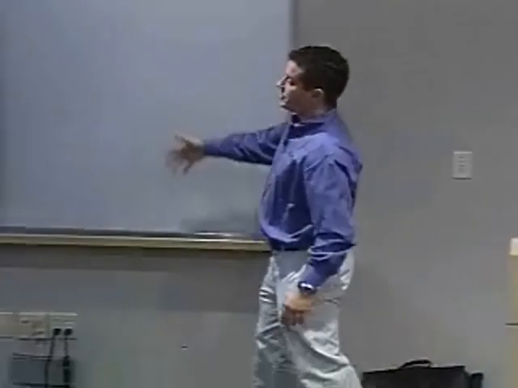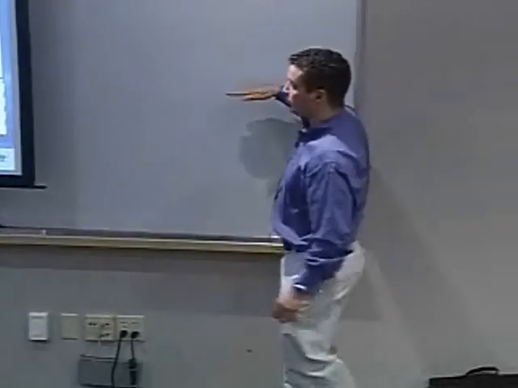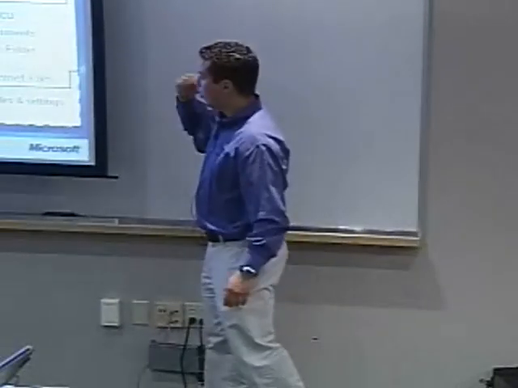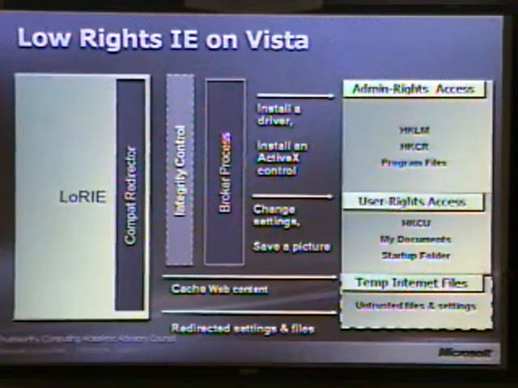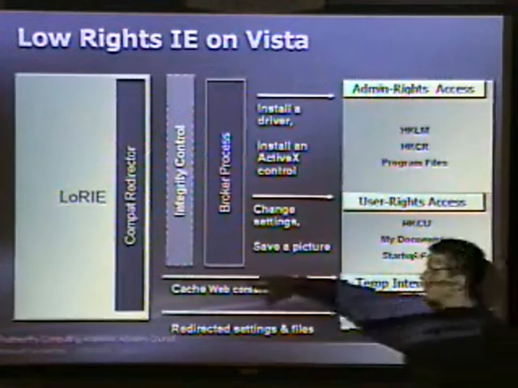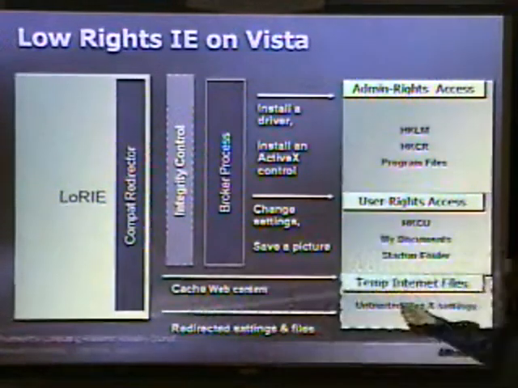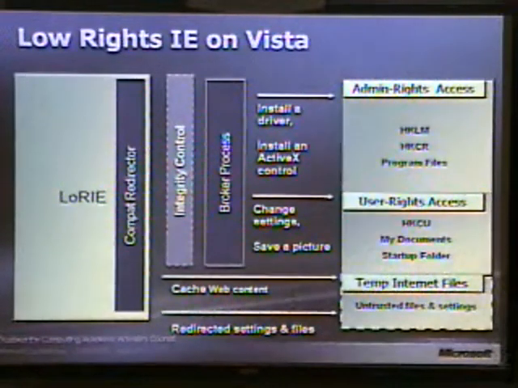But the thing I want to tell you is that there's also now a low rights temporary internet files and a temporary internet files immediately above that at the medium rights level. So you could imagine, where David's standing is medium rights IE, and medium rights IE never reads or writes cached files below this integrity level, so that low rights IE can't pollute a medium rights IE cache.